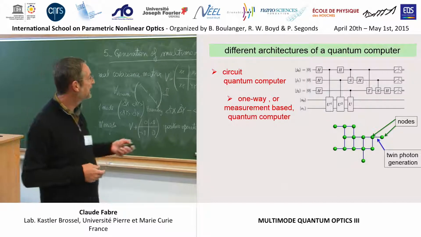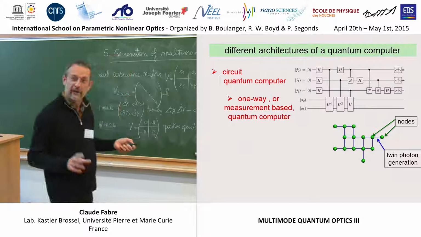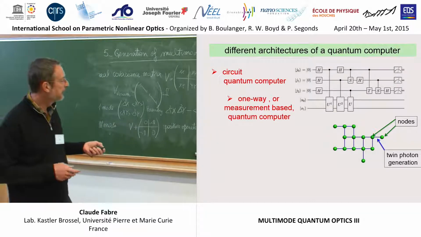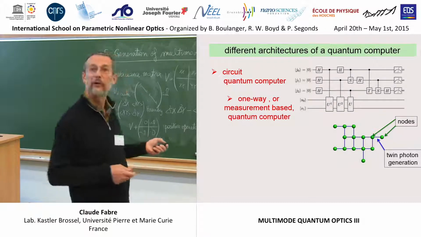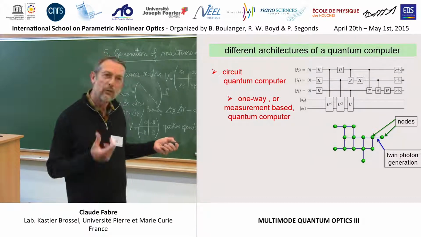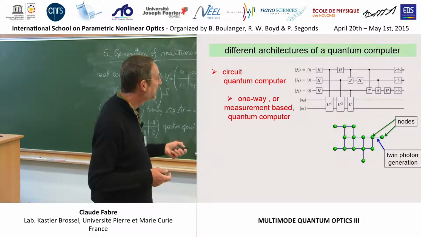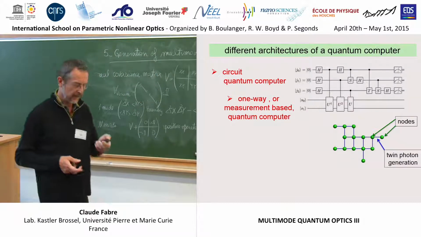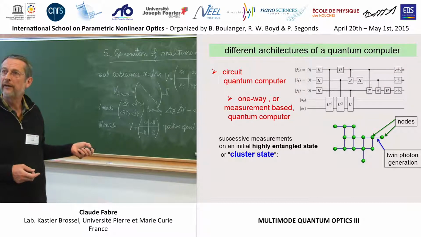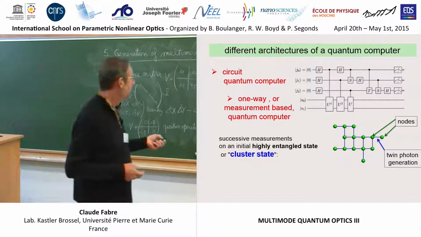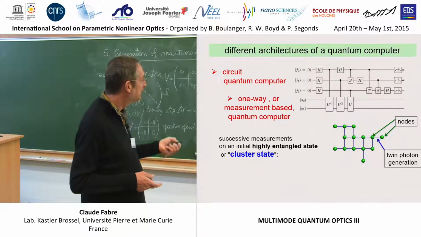But there is another architecture which has been developed in theory and a little bit in experiments for very small numbers of modes, which is called measurement-based quantum computing, or one-way quantum computing. It starts from a very complicated, highly entangled quantum state, which is called a cluster state. Perhaps you have heard of this name. A cluster state is a state which can be written and drawn in this way.